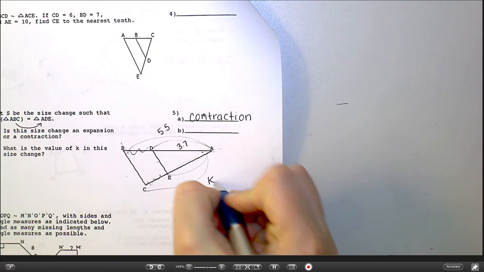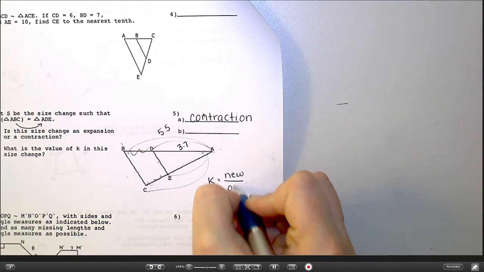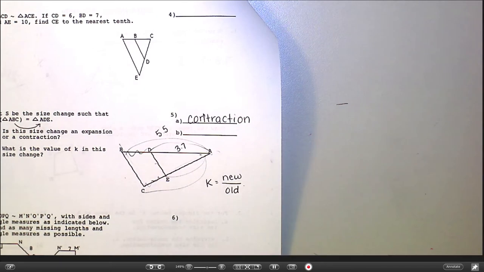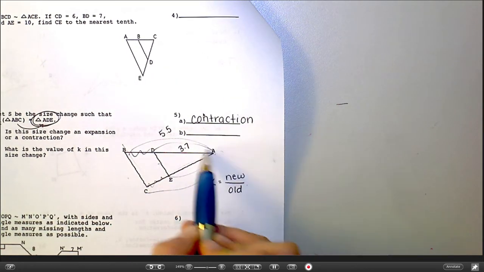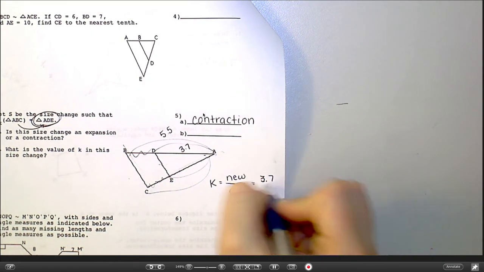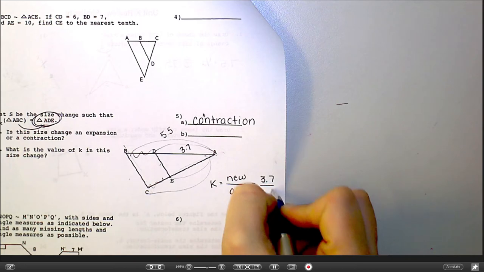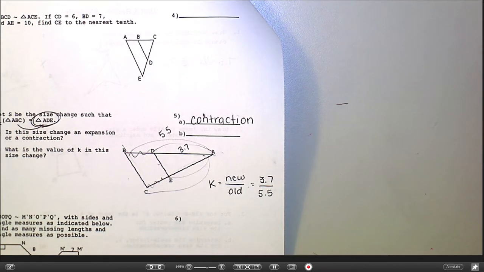Because remember, your K value is always new over old. Which one of those am I calling my new? A, D, E. Yeah, this triangle is my new triangle. So I want to go with AD as being my new. So I would say 3.7 divided by 5.5. And I get like 0.67.